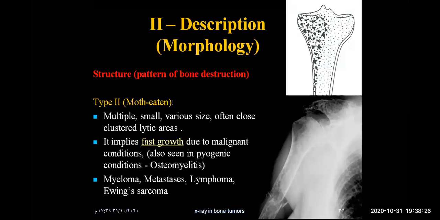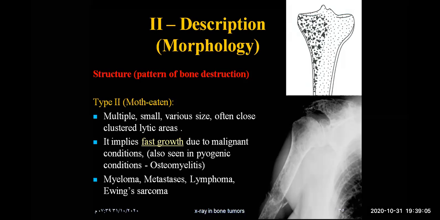The other one, type 2, is moth-eaten. This has multiple small lytic areas of various sizes, often clustered. The moth-eaten and the permeative, which is type 3, are similar. The only difference, honestly descriptive, is the size of the hole or the lytic area.